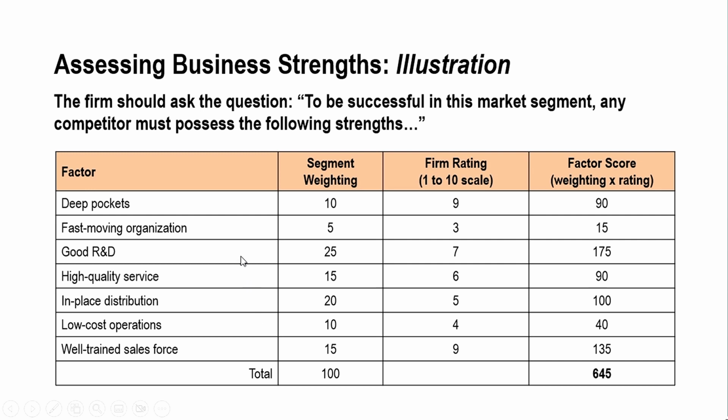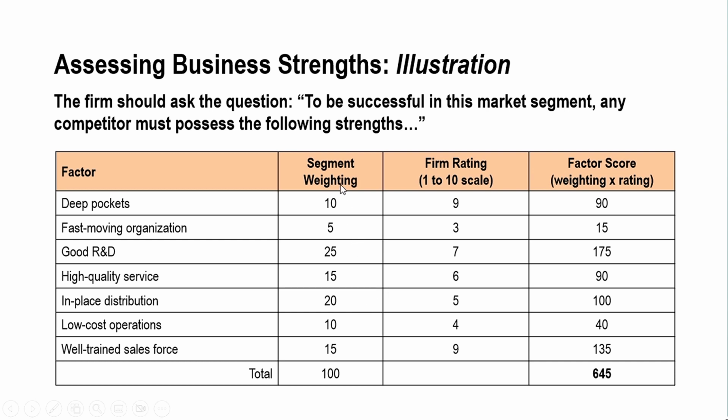So, good R&D has been given a very high weightage in terms of the segment weighting, and maybe the next level is the distribution strength, and the next level is the strength of the sales force.